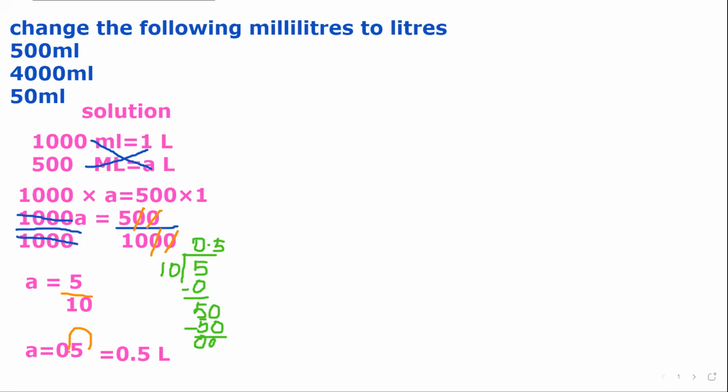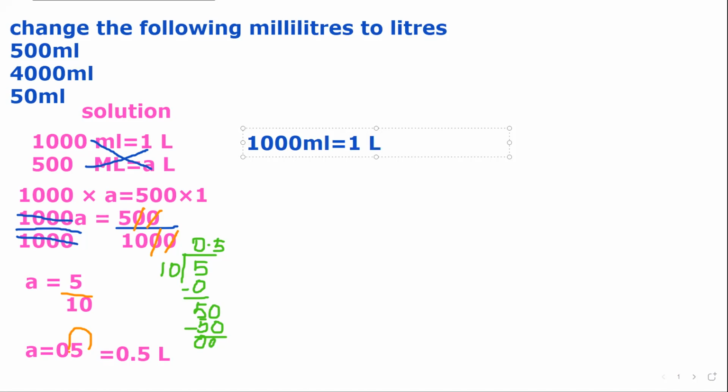So the other one here, you write your solution here. Okay, because the solution has been stated, you first state the relationship between the mils and the liters. So you have 1000 mils is equal to 1 liter.